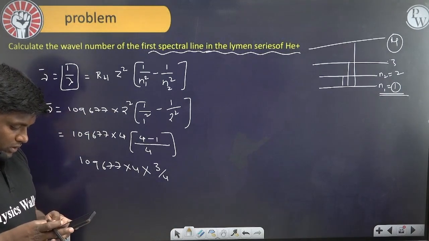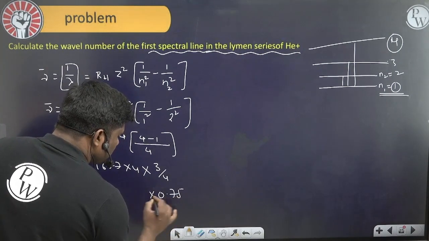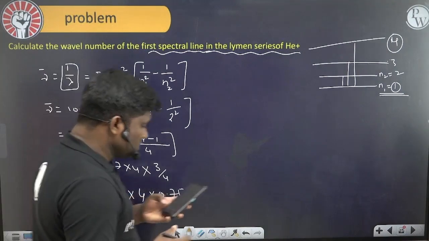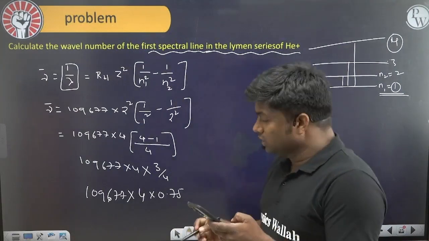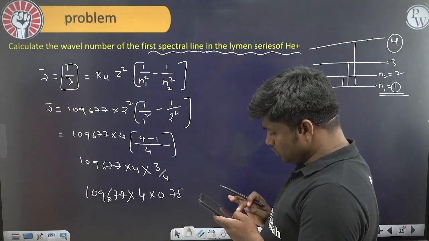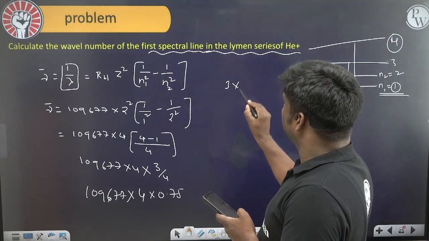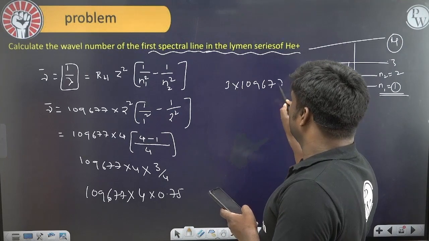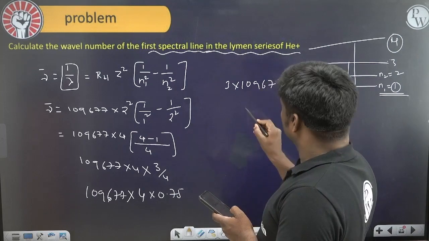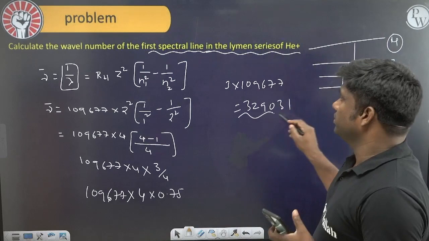Calculate: 3 divided by 4 is 0.75, into 4, into 109677. 0.75 into 4 is 3, into 109677. That is equal to 329031. This is the wave number.